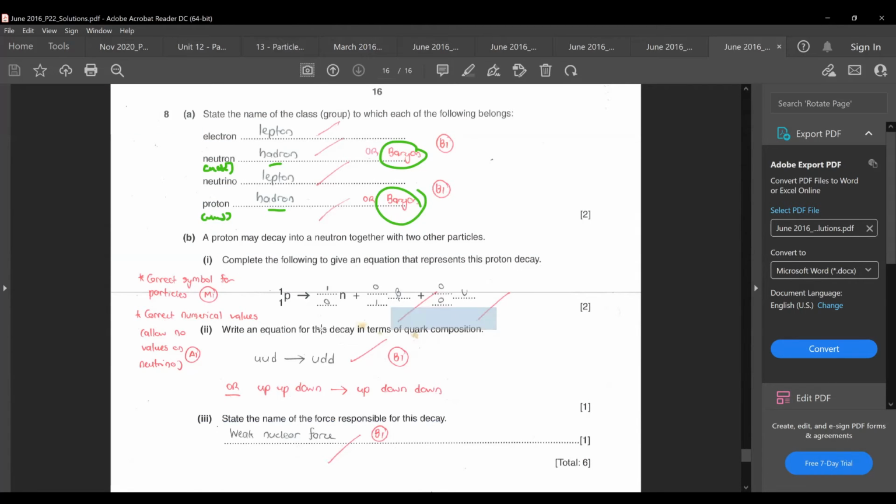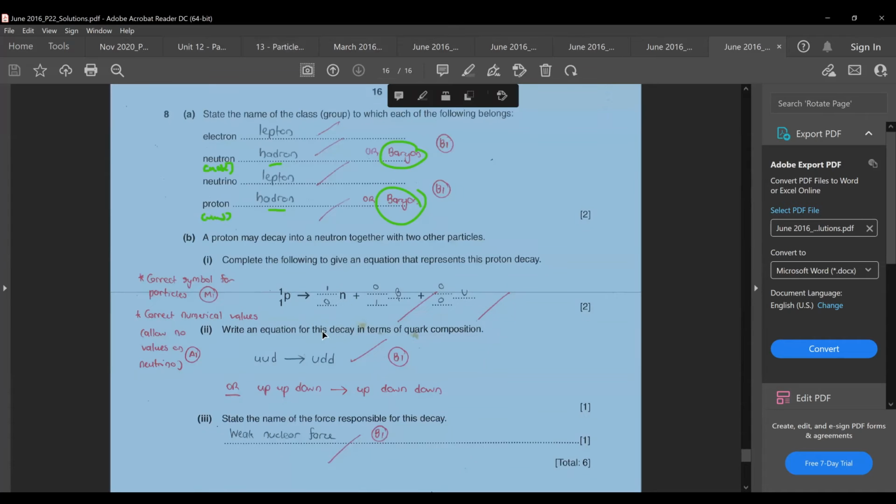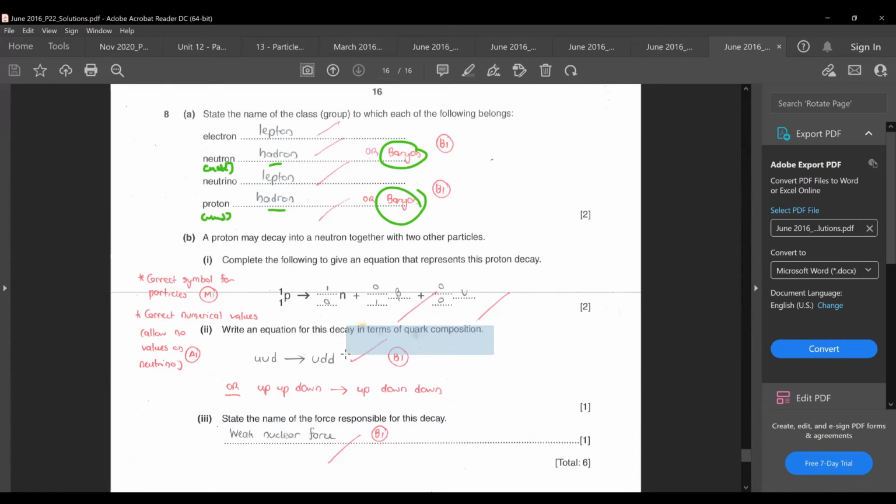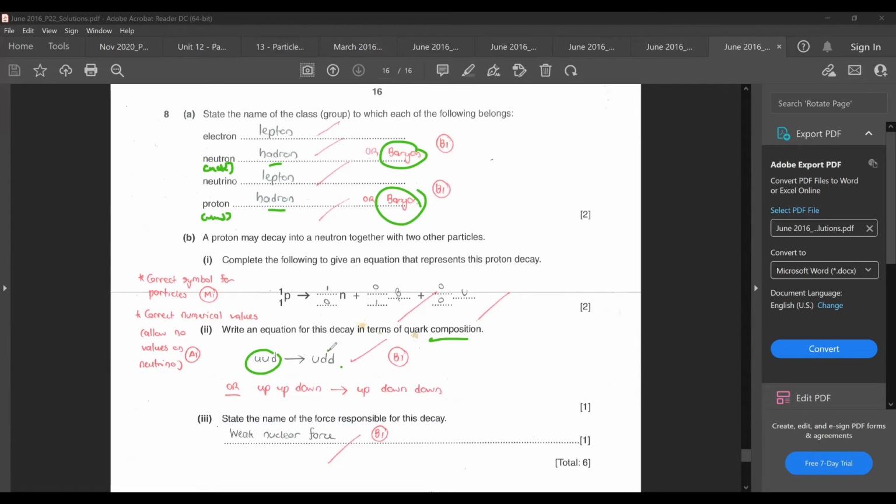Then write an equation for this decay in terms of the quark composition. When they say in terms of quark composition, you need to write it in this form. All right, so this one is UUD become UDD.